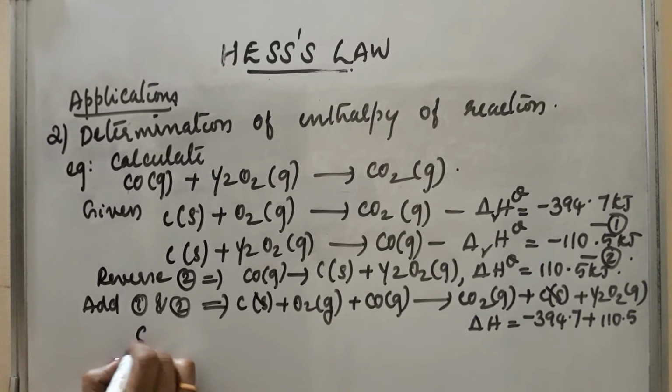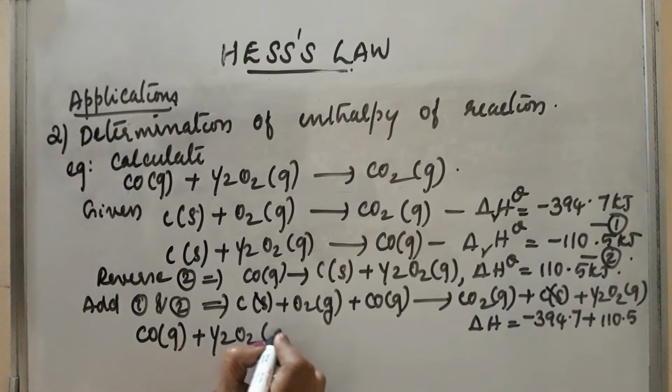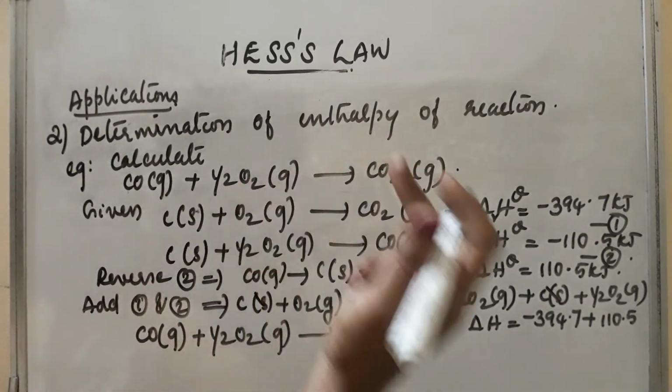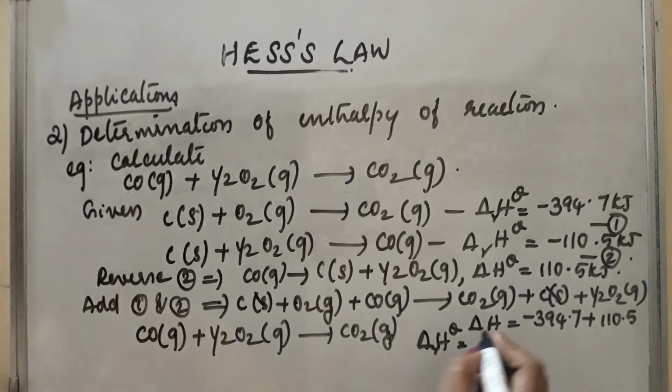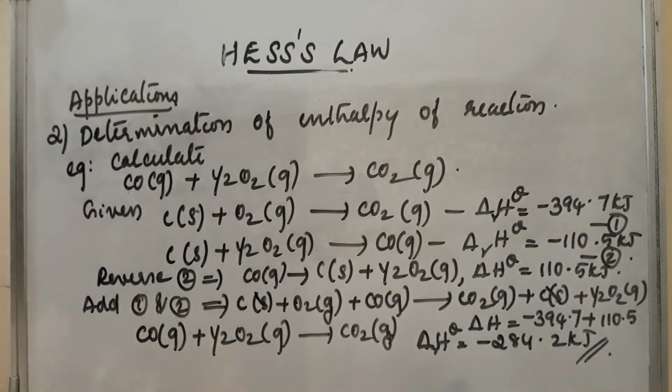So the equation becomes CO gas plus half O2 gas gives carbon dioxide gas. We got the same equation. Adding the delta H values, we get minus 284.2 kilojoule. Like this, we can calculate the enthalpy of reaction of a particular reaction using Hess's law.